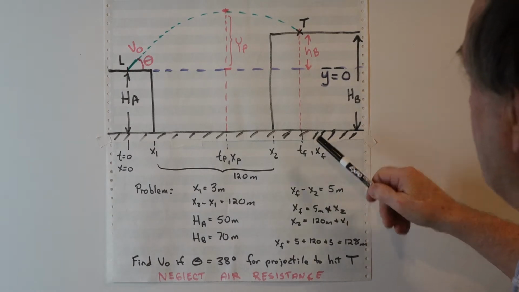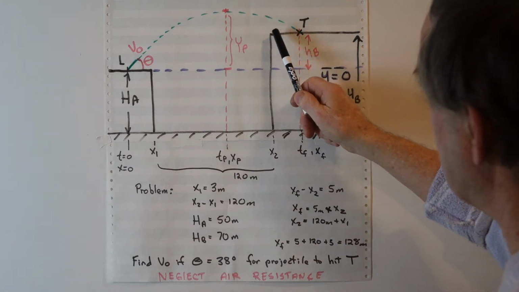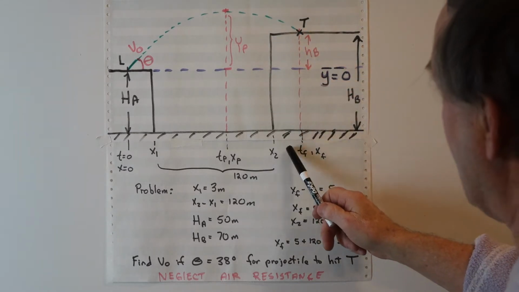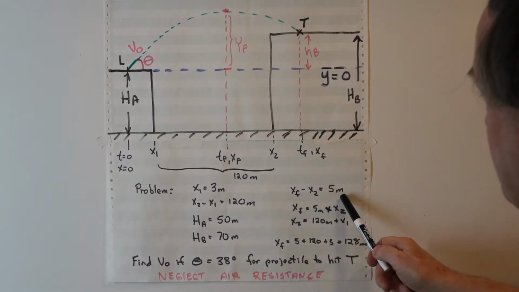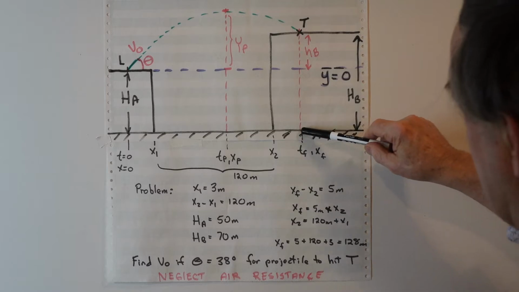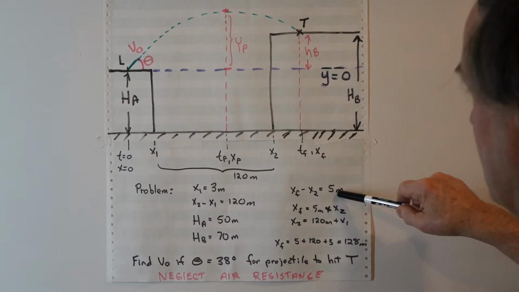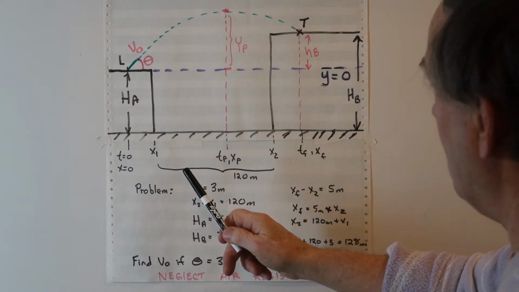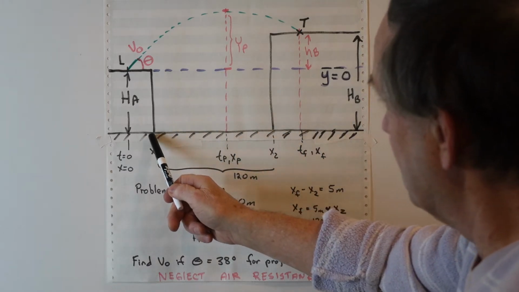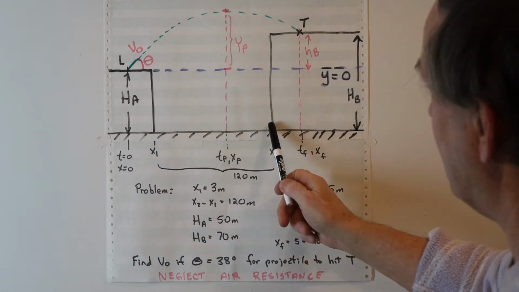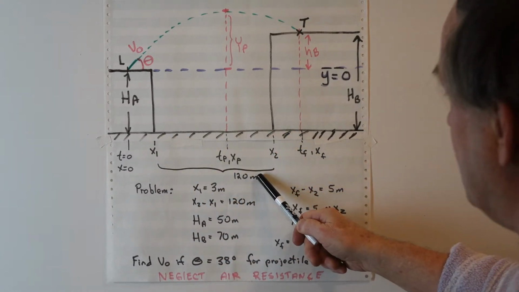Well, the final distance will be the distance that the target is from the left edge of building B, and that is given as 5 meters. That is, xf minus x2 is 5 meters. And we know that the distance from the right edge of building A to the left edge of building B is x2 minus x1, or 120 meters.